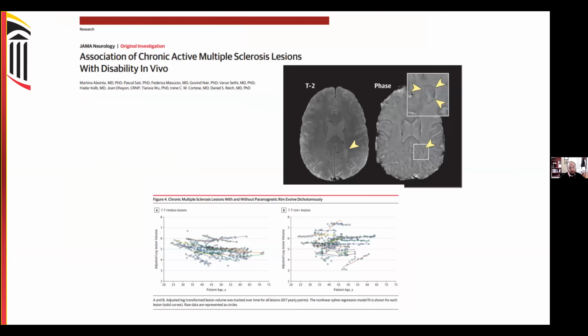They've also taken a look at this lesion type with the paramagnetic rim and looked at the evolution of those lesions over time and found that the lesions that have these paramagnetic rims have a tendency to increase in size over time. And lesions that don't have these paramagnetic rims have a tendency to stay relatively stable in size, maybe slightly decrease in size over time.